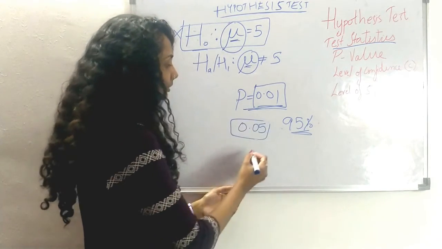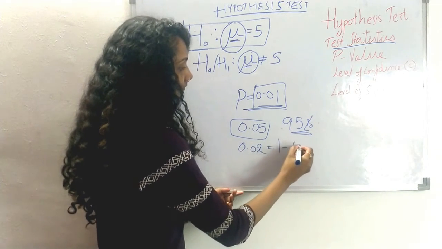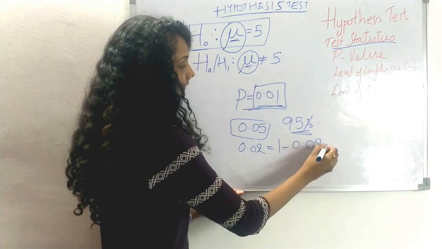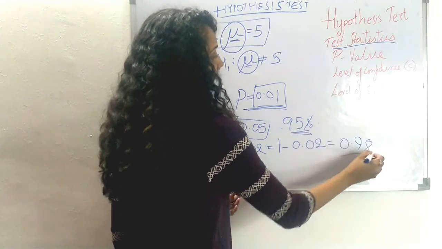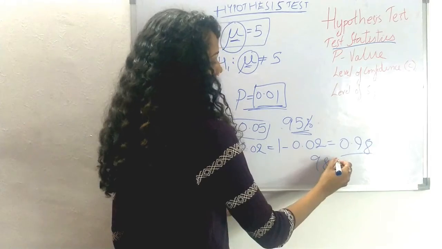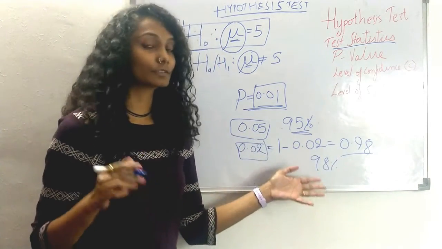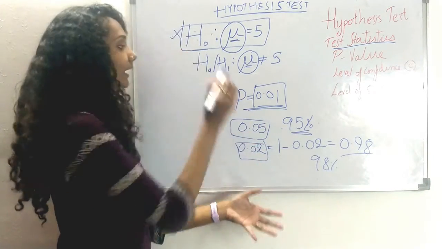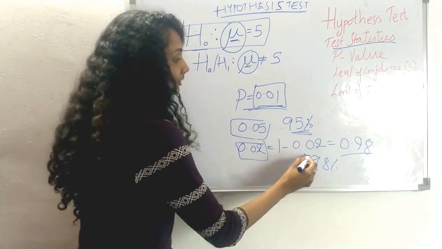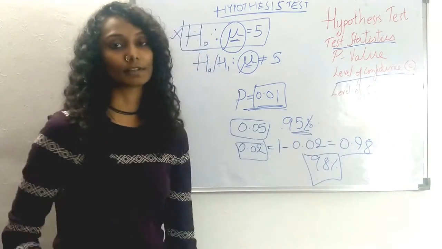Say if the p-value is 0.02, if we subtract that from 1, we get 0.98, that is 98%. So if the p-value is 0.02, with 98% confidence, I can reject the null hypothesis. This percentage here is called the level of confidence.